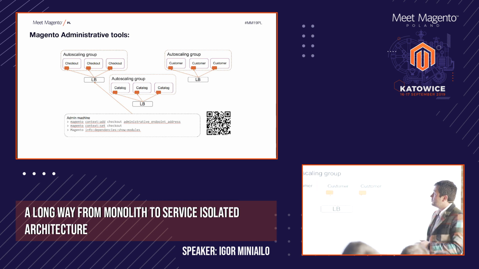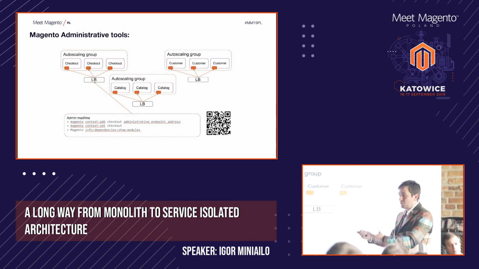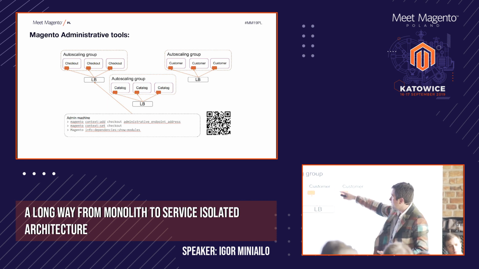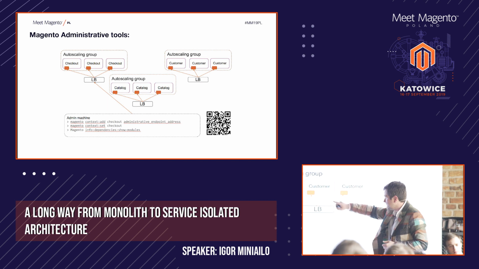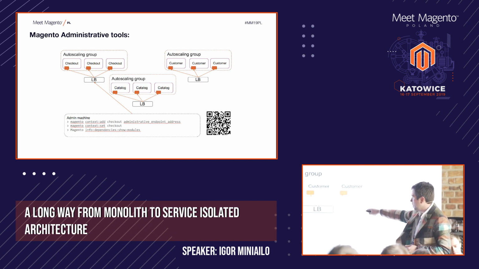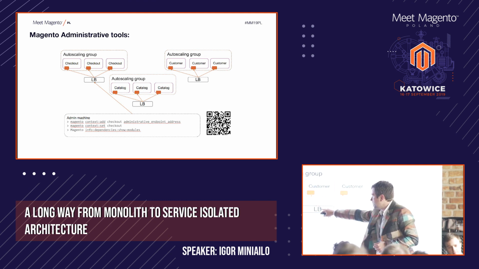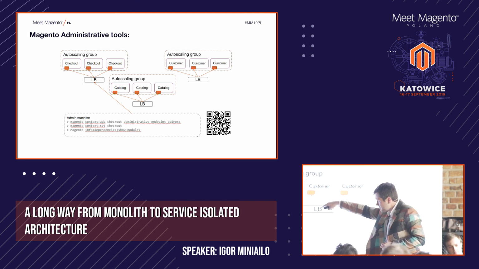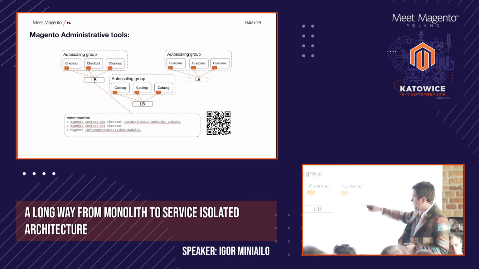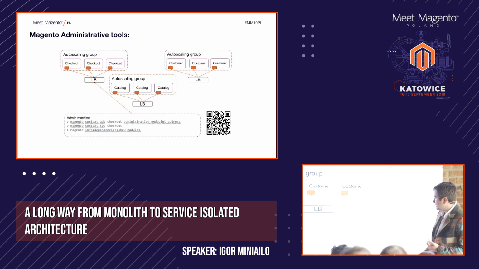And of course, we want to introduce some administrative tools to make auto-scaling of particular isolated services possible. Here you may see that the customer isolated service is deployed with 3 different instances, with a load balancer which points and routes the requests to all the particular containers.